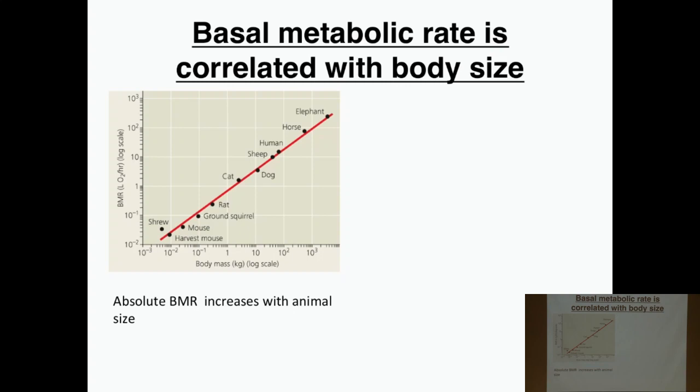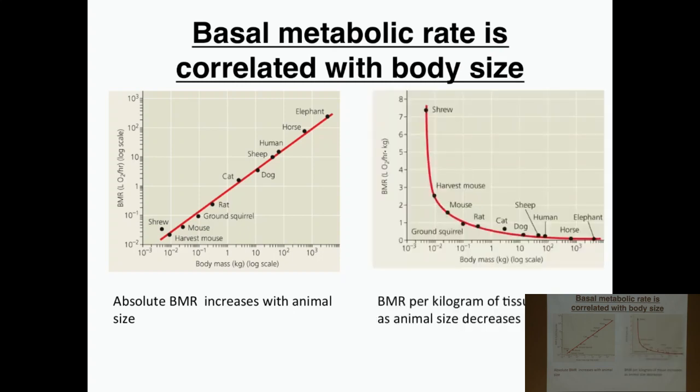However, the situation looks a little bit different if you actually scale this to the size of an animal's body, where in fact, the basal metabolic rate per kilogram of tissue actually increases as animal size goes down. So if you look ounce for ounce at a shrew versus an elephant, the shrew is going to have, per ounce of tissue, a higher metabolic rate than the elephant. So what factor do you think causes smaller animals to have higher BMRs for their size?